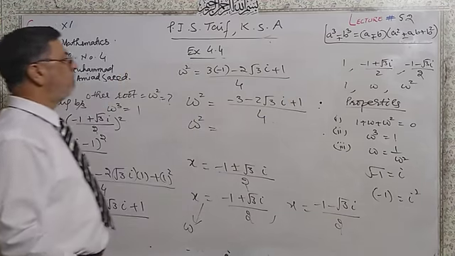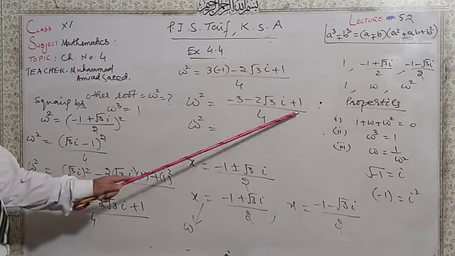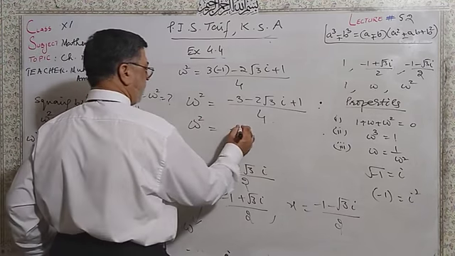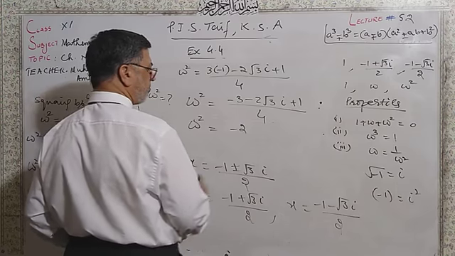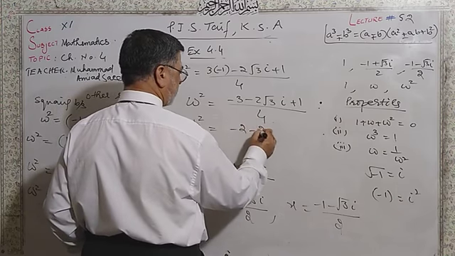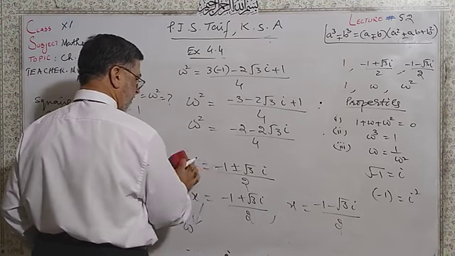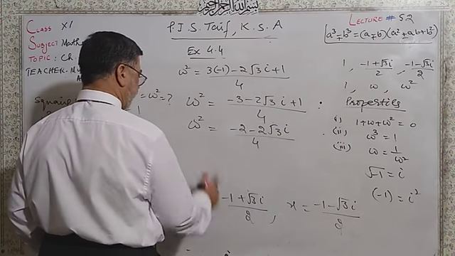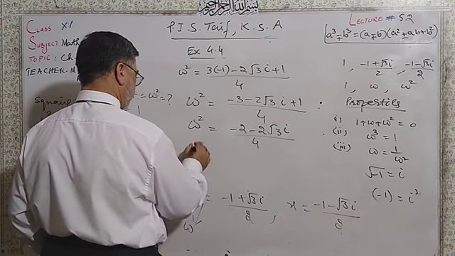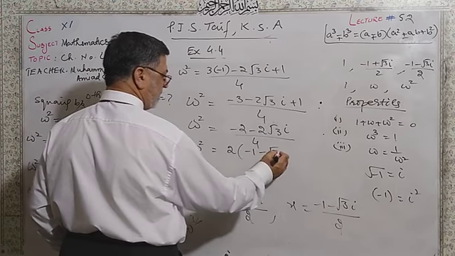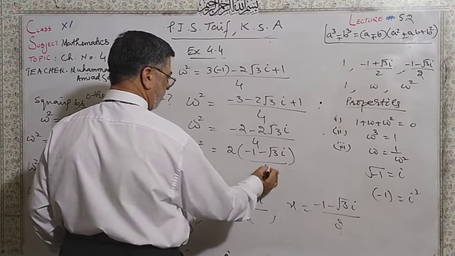Omega square is equal to minus 3 plus 1, which is minus 2. Here we can have minus 2 into 3√ι over 4. Dear students, you can take 2 common from here. Inside will be minus 1 minus 3√ι over 4.